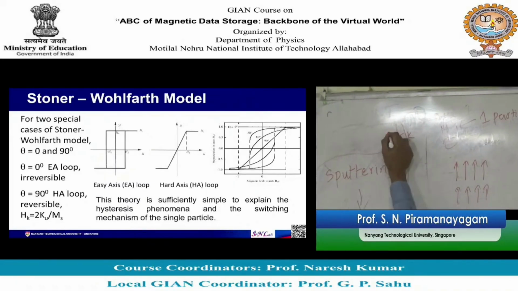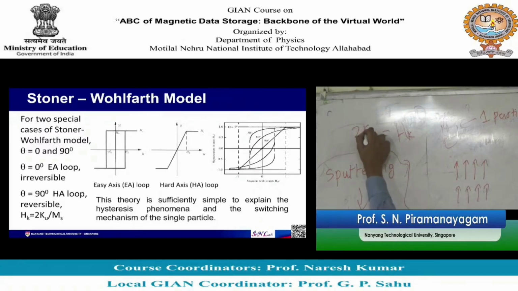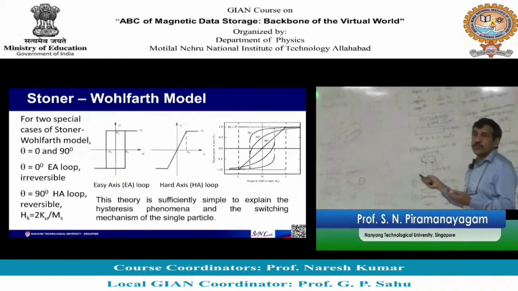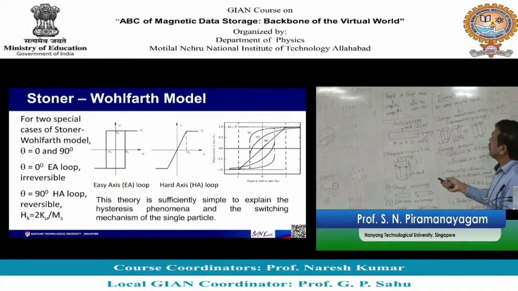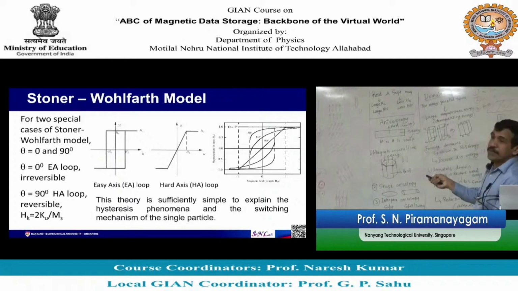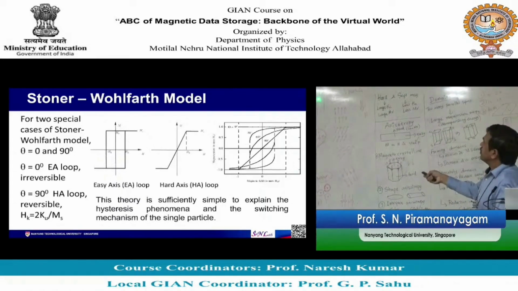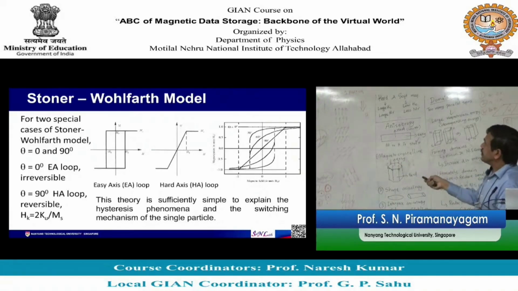This anisotropy field is given by 2Ku over Ms, where Ms is the saturation magnetization, which you learned before. Ku is called the anisotropy constant, which I will elaborate later, but right now just remember that this Hk depends on Ku and Ms. It is proportional to Ku and inversely proportional to Ms, and this will determine where the reversal happens.